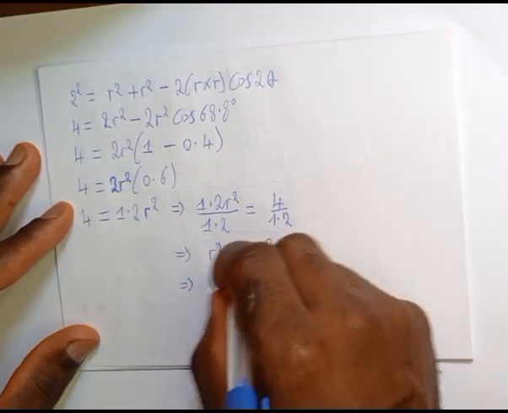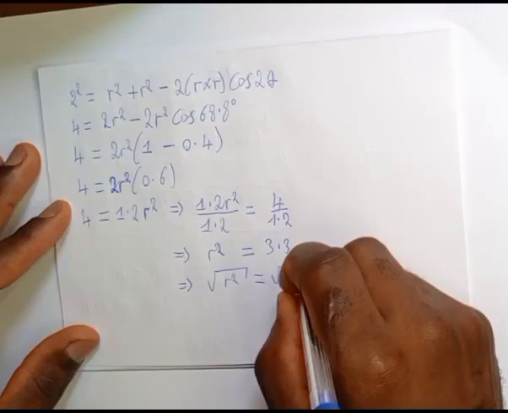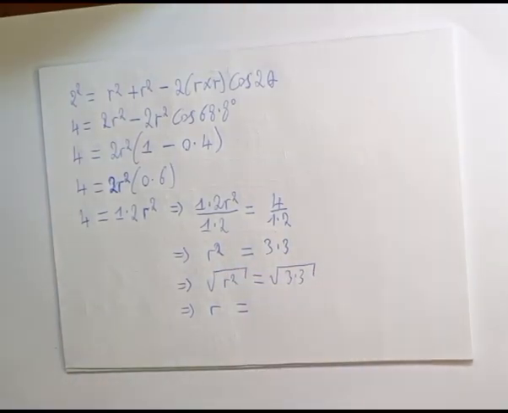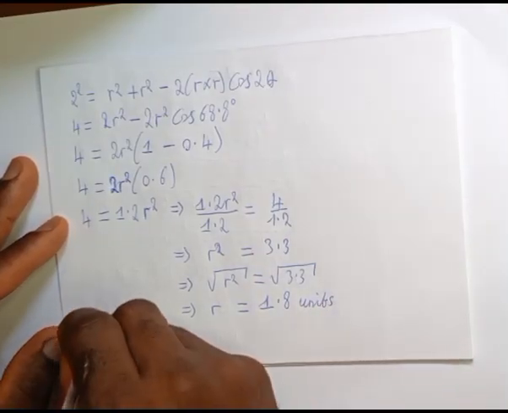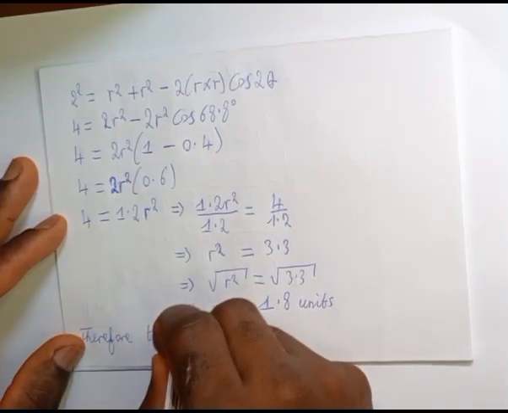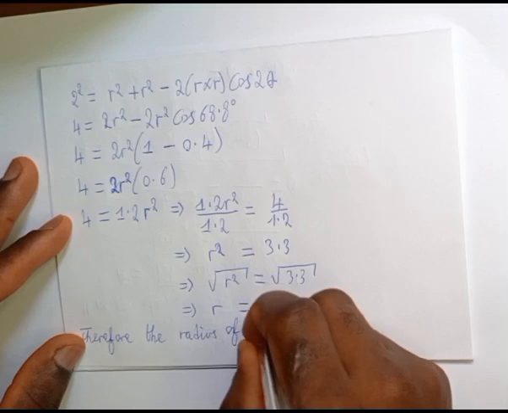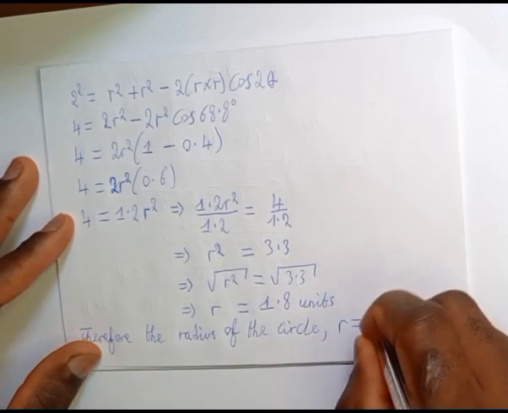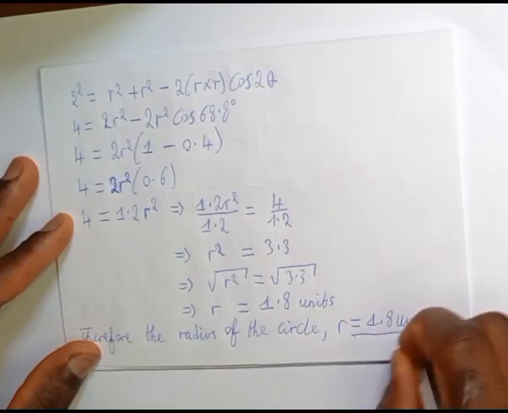Then if we take square root on both sides, then r will simply be equal to 1.8 units. Then we conclude, therefore, the radius of the circle, r, is equal to 1.8 units.